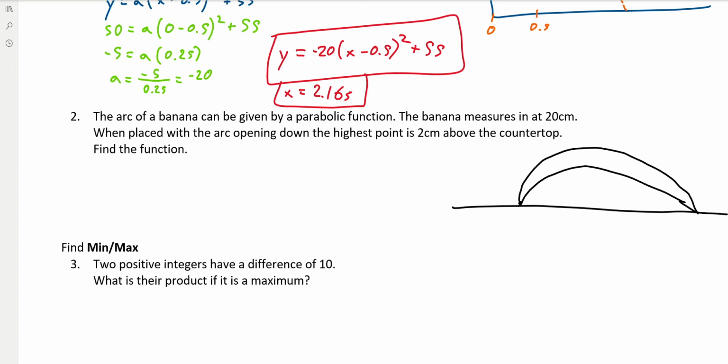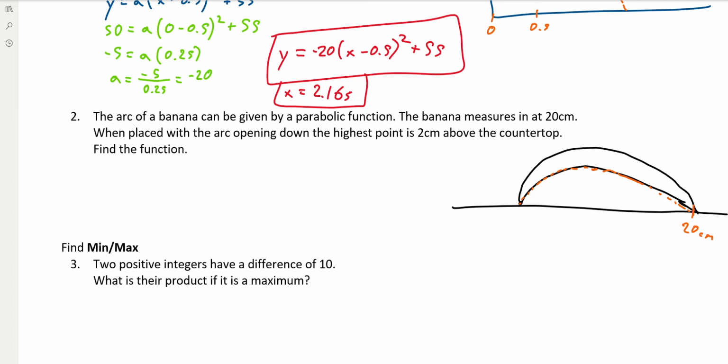Okay, and so we're just looking at the bottom of our arc. So this part. Okay, pretend it's a perfect arc. The banana measures in at 20 centimeters, so right here is 20 centimeters.